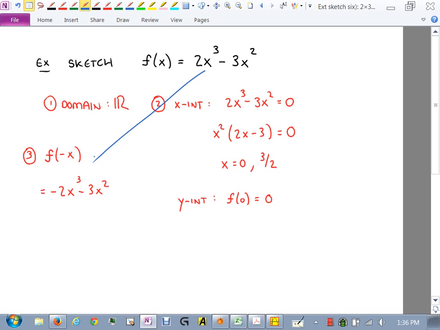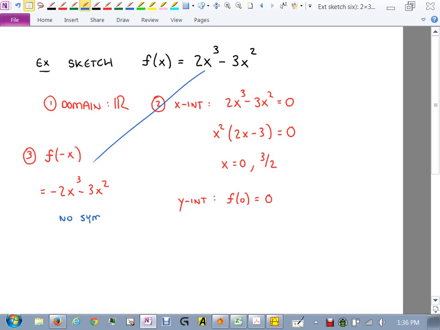Cosine. Cosine looks like this, right? But if I reflect it over the y-axis, it's the same thing. Cosine is an even function, right? X squared is an even power. Even functions are symmetric, and that's what I was checking for right there. If f of negative x equals f of x, if these two are the same, it is symmetric over the y-axis. But there's no symmetry here.